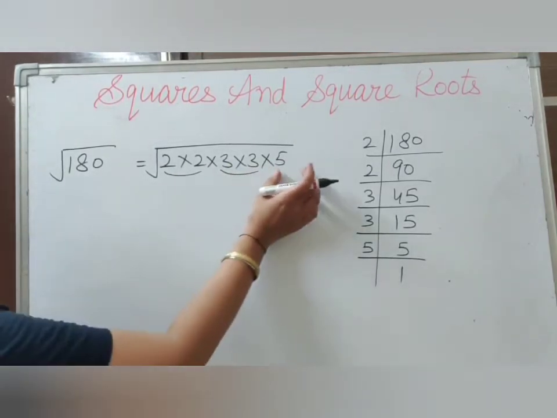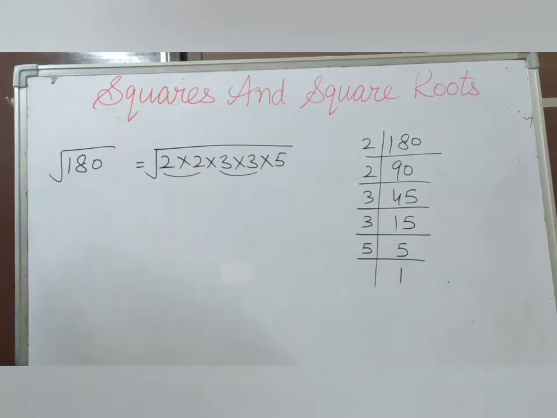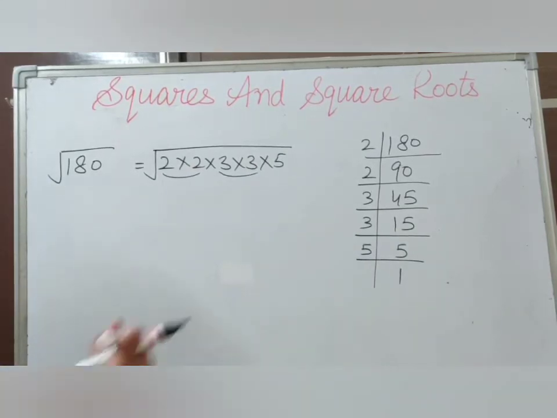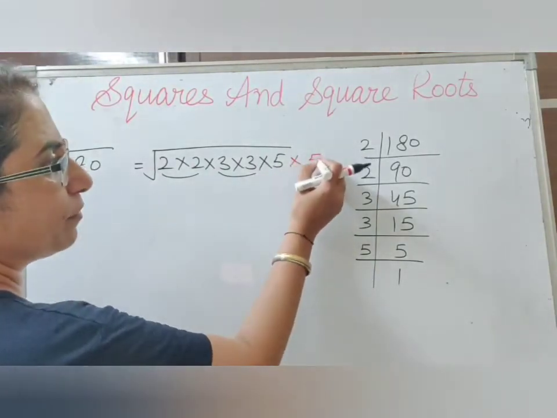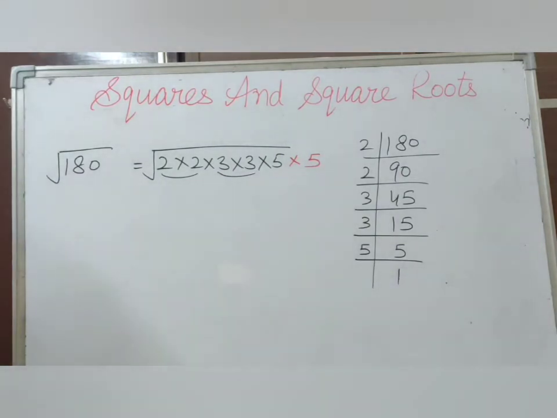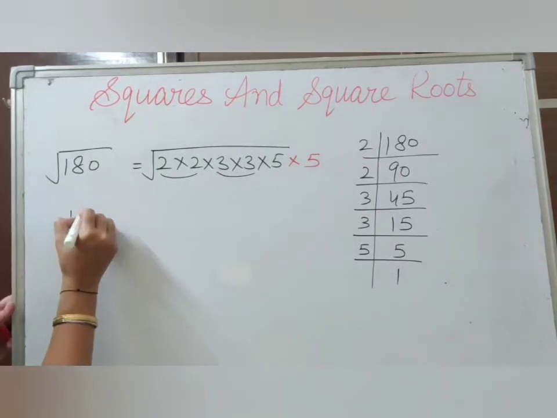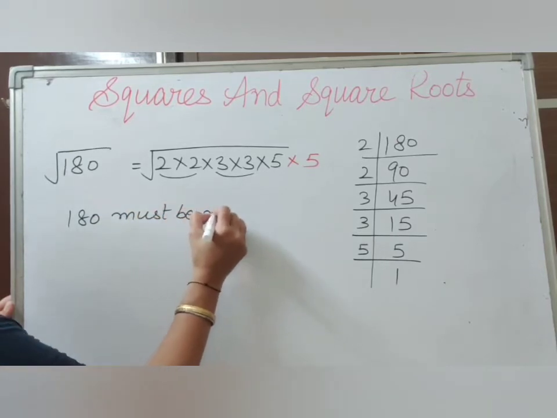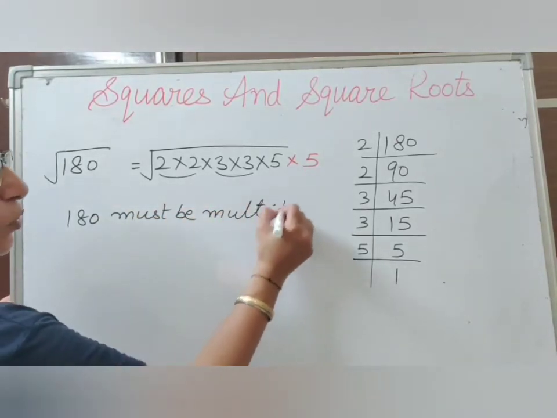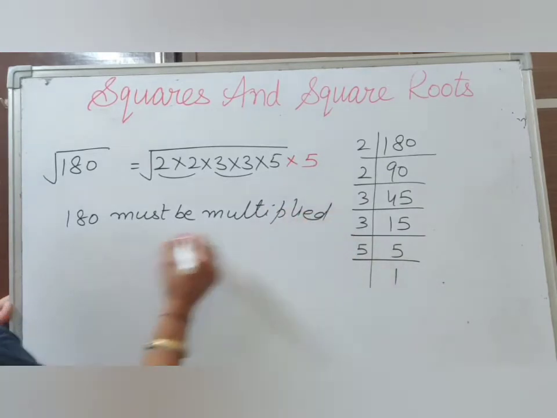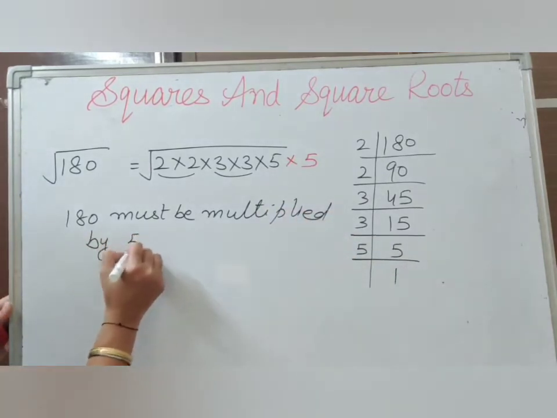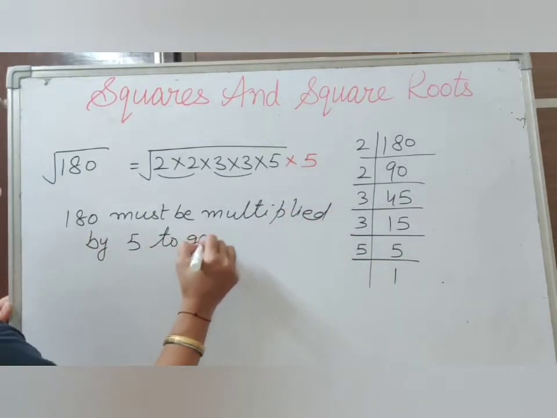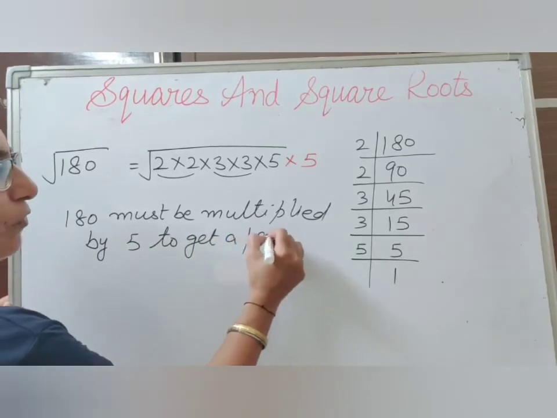For completing this pair we require one more 5. That is why we can say that 180 must be multiplied by 5 to get a perfect square.